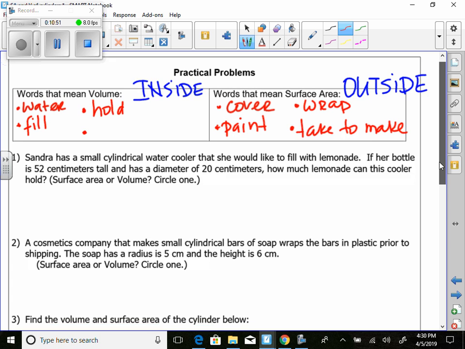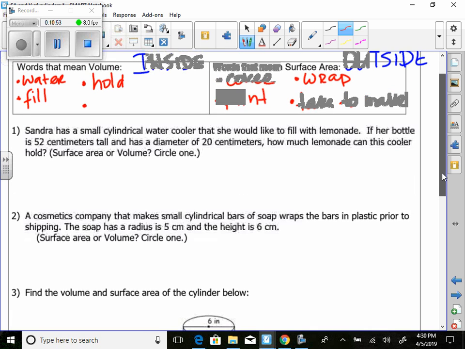So here is our first example of the word problem scenarios. Sandra has a small cylindrical water cooler that she would like to fill with lemonade. If her bottle is 52 centimeters tall and has a diameter of 20 centimeters, how much lemonade can this cooler hold? So is that surface area or volume?